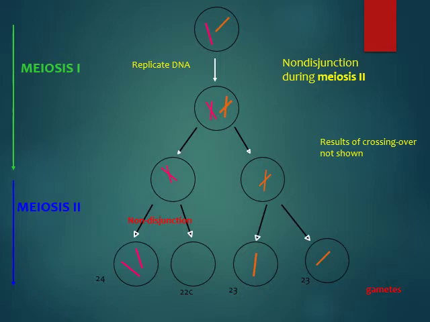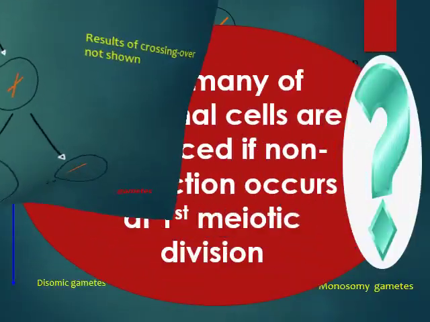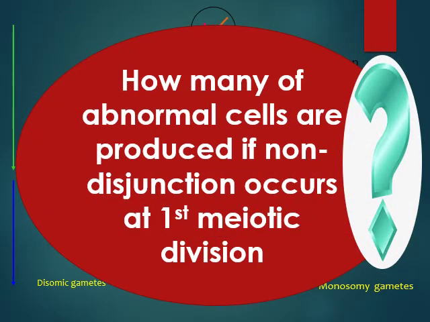After meiosis 1 and meiosis 2 leading to 4 daughter cells, 2 of them are abnormal and the other 2 are normal with a haploid number. How many abnormal cells are produced if the non-disjunction occurs at the first meiotic division?